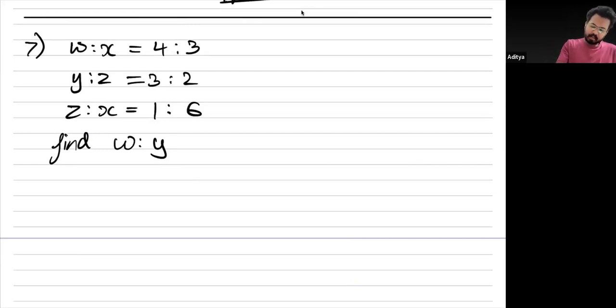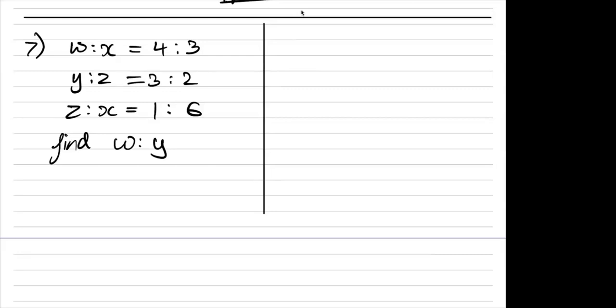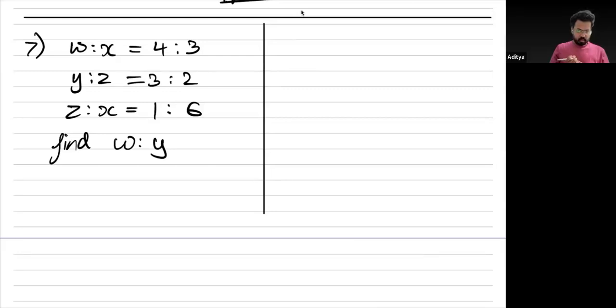See, if you directly multiply all of these, that won't give you the answer. Amishu, not correct. Harshit, not correct. Pranjal, not correct. Tuba, not correct.